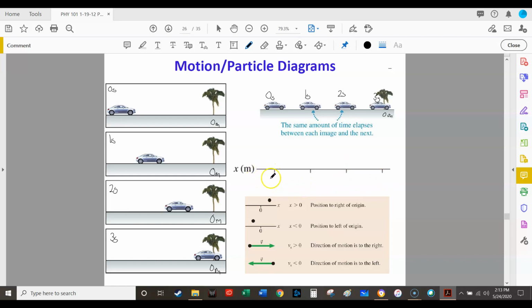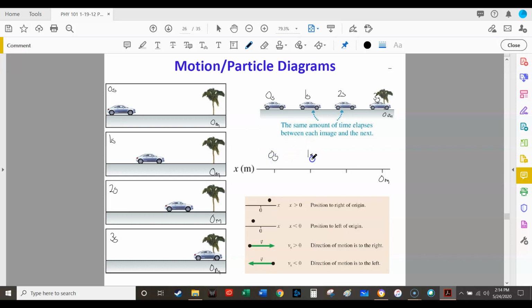Typically at the bottom, you represent the positions of the object, and you have to represent positions relative to a starting point. Typically we put the stationary observer at the 0 meter mark, and we represent the starting position at the 0 seconds mark.